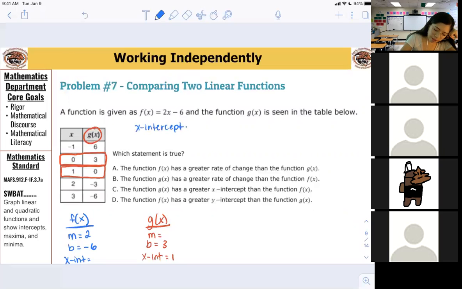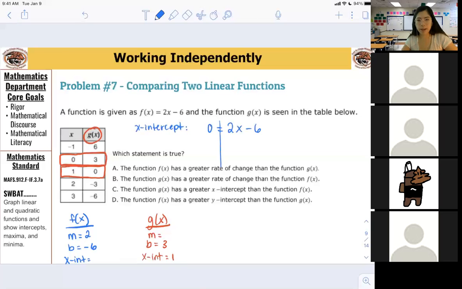Yeah, that's it. So when you're looking for the x-intercept, you're going to put a 0. Where do I put it? For f of x. Right. So we're going to replace f of x with 0 because I know that wherever I have an x-intercept, my y is going to be 0. So I replace f of x with 0, and then I see what I get for x.